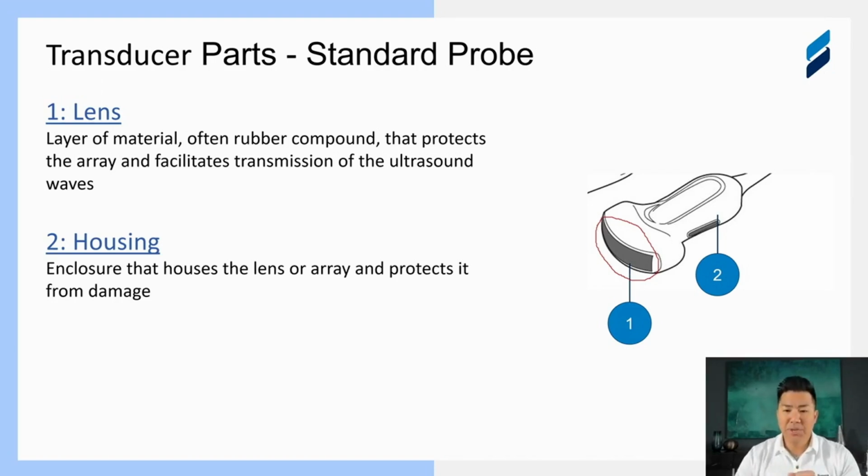Now, number 2 is the housing, and we're just talking about the body of the transducer. These are the plastics that the sonographer holds. It is sealed around the lens and around all the crystal and the circuitry and the PCB inside that puts that whole crystal assembly together.